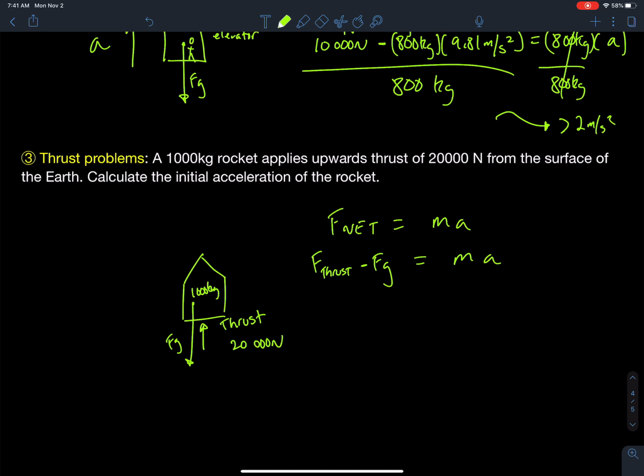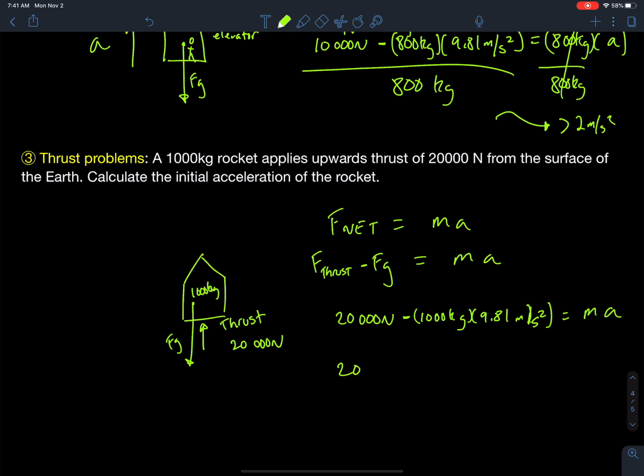So the force of thrust is going to be 20,000 newtons minus, how do I calculate the force of gravity? It's going to be mass times gravity. So 10,000 kilograms times 9.81. No, that's not 10,000 kilograms. It's 1,000 kilograms times 9.81 meters per second squared is equal to ma.